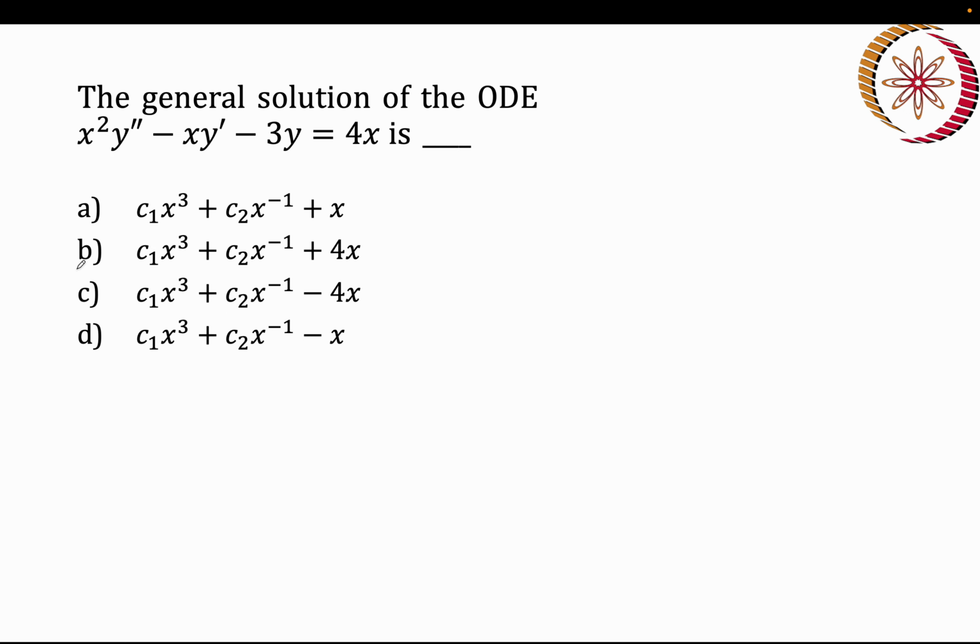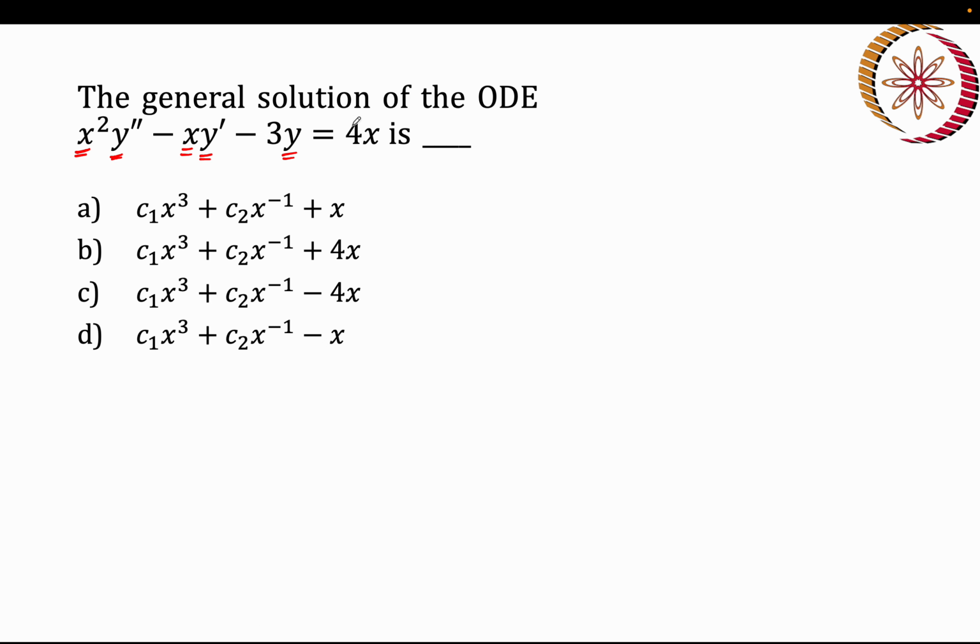Okay, so the next problem is we have to solve the ODE, and it doesn't seem to be in the conventional form. We can see that this is an ODE where there is a second derivative with x square, a first derivative with x, and no derivative, so x raised to 0 we can say is present.